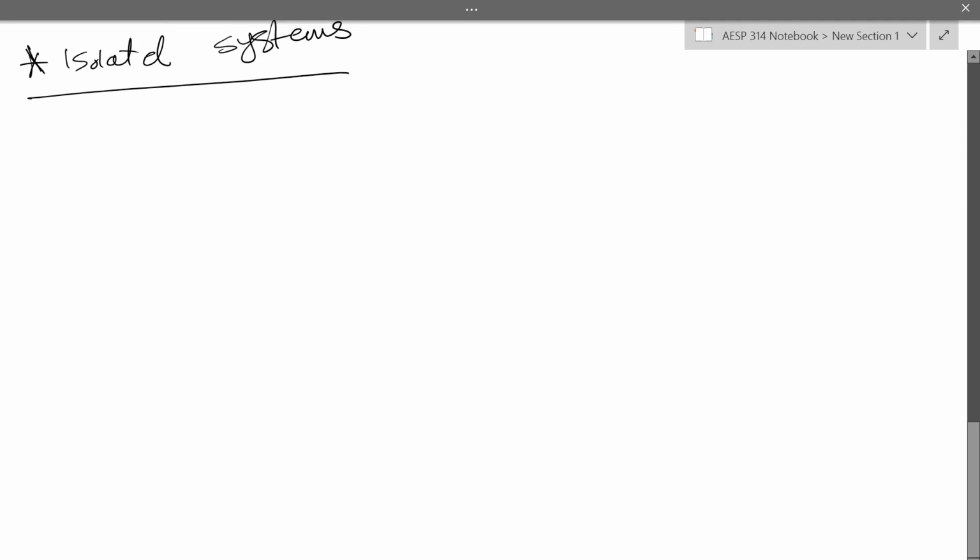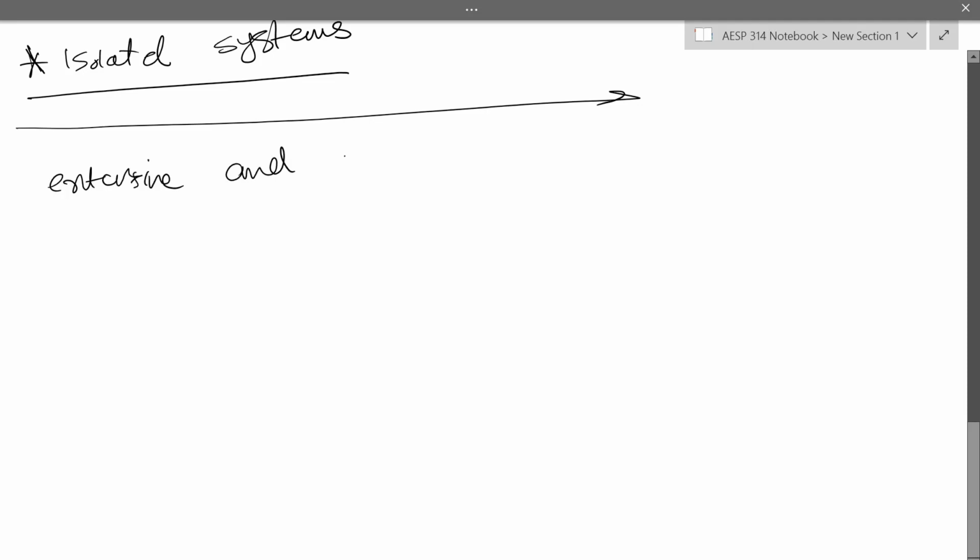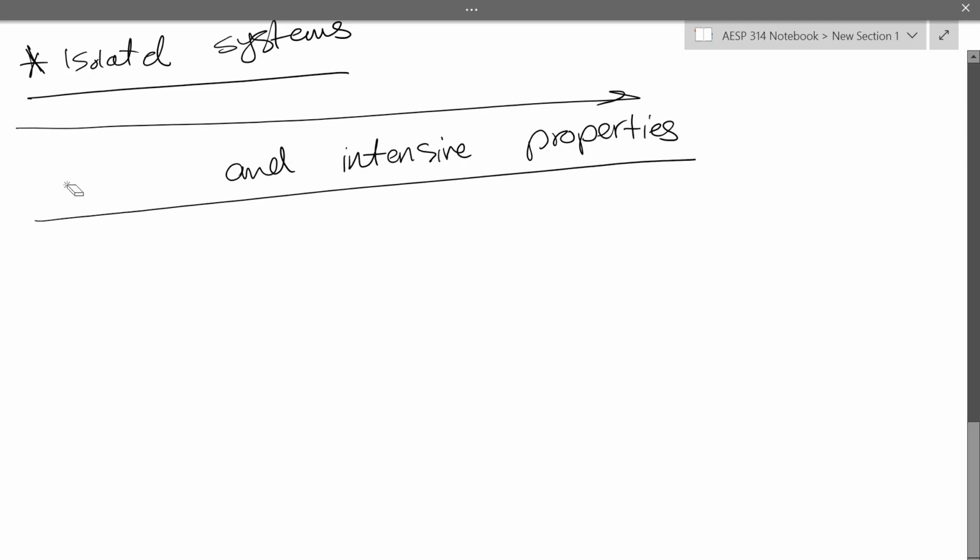The next step for us is to talk about the extensive and intensive properties. Who knows what are the extensive and intensive properties?